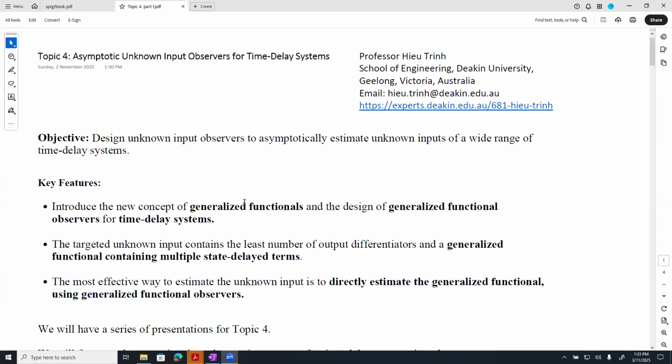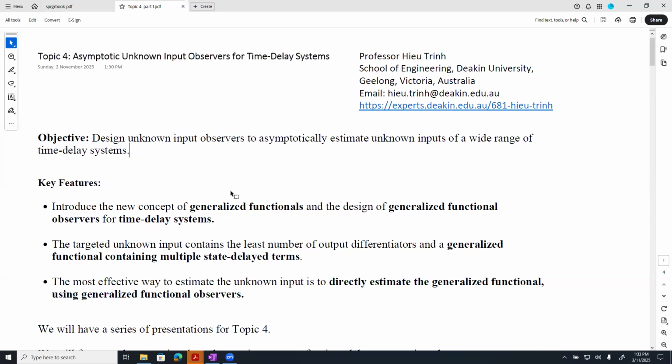The objective is to design unknown input observers to asymptotically estimate unknown inputs of a wide range of time delay systems. So we have a series of presentations. We're going to look at a wide range of time delay systems, and then we're going to estimate asymptotically the unknown inputs.